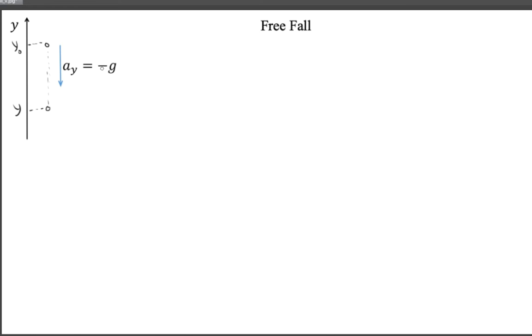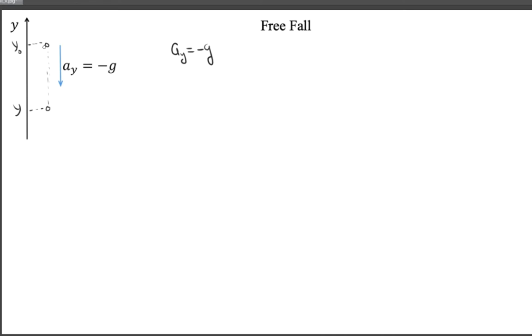I need to write down negative g here. g is the gravitational acceleration on the Earth's surface. So let's write down ay equals negative g as the starting equation to solve for either the position or the velocity of the object as a function of time.